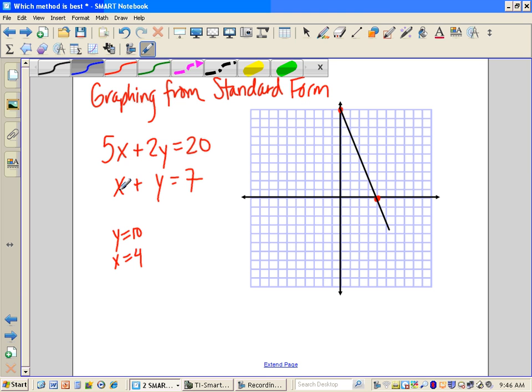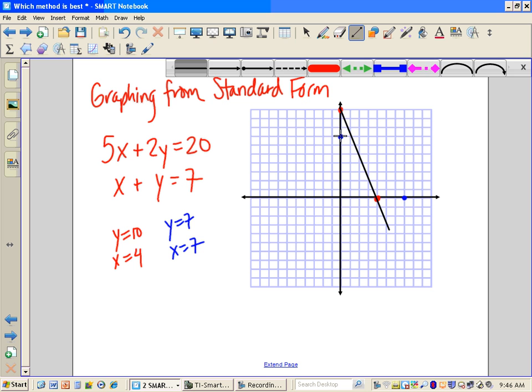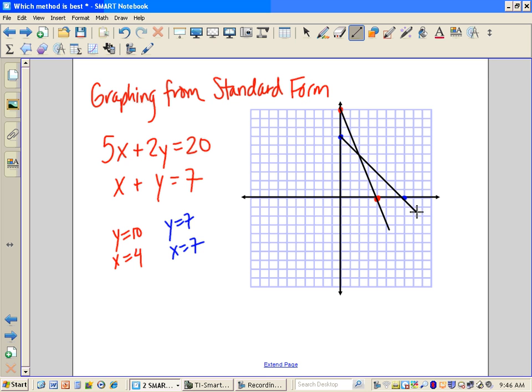If I do the next one, if I cover up the x, I just know that y is equal to 7, and if I cover up the y, I just know that x is also equal to 7, so I have 4, 5, 6, 7, and 1, 2, 3, 4, 5, 6, 7, and if I draw a line between those, then it looks like I have a nice intersection point right here.